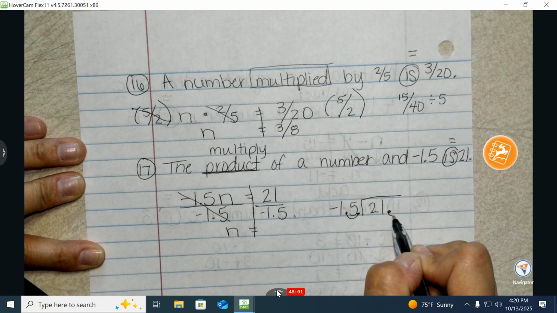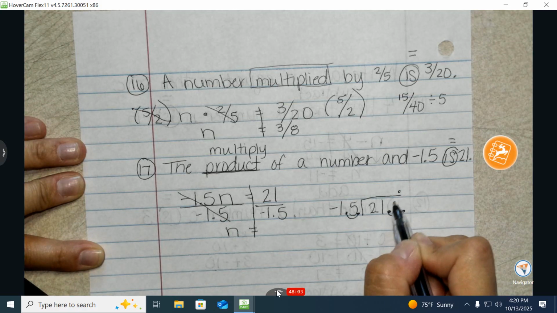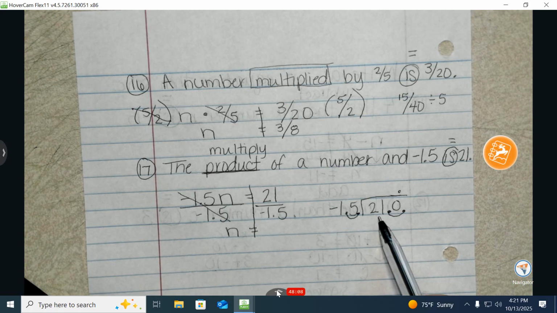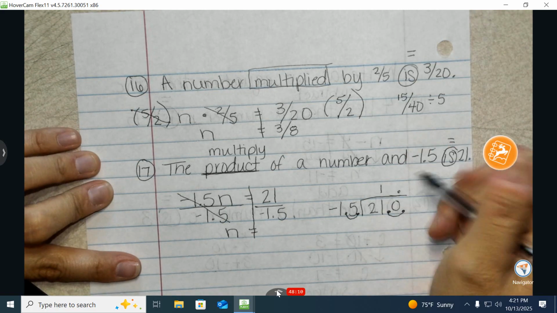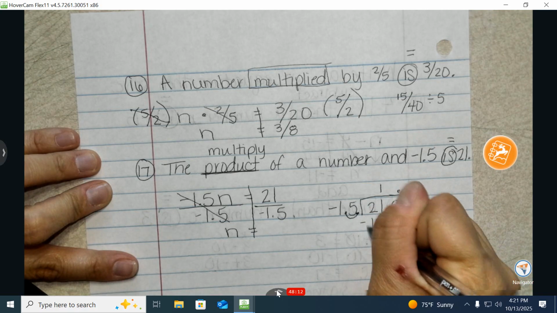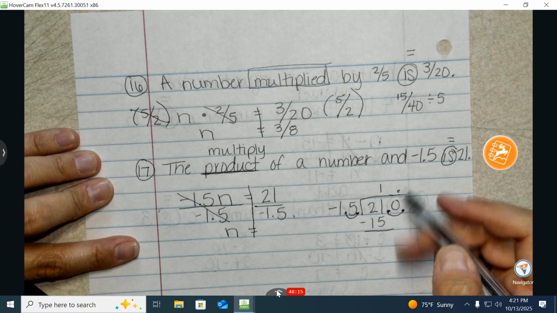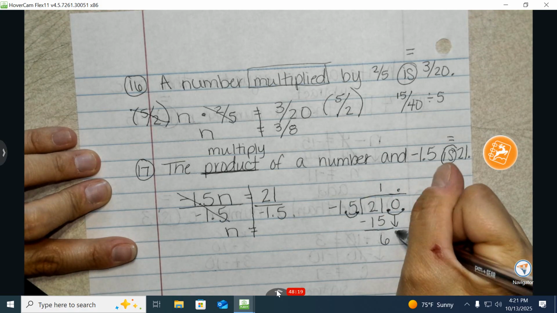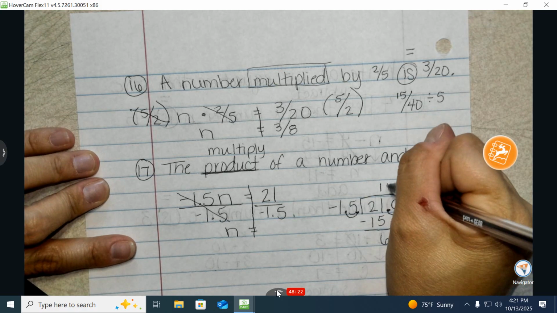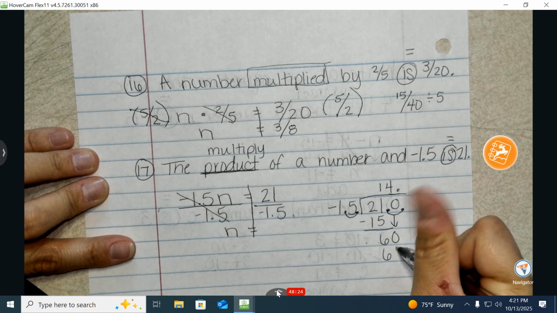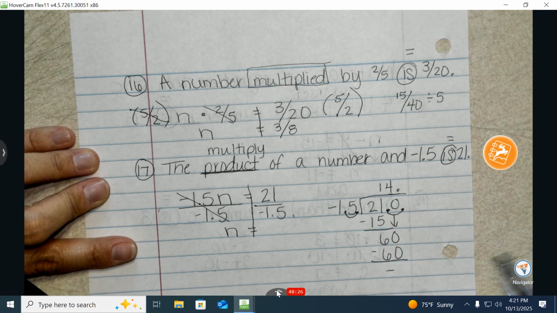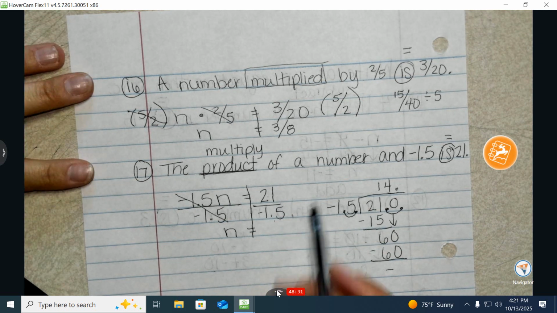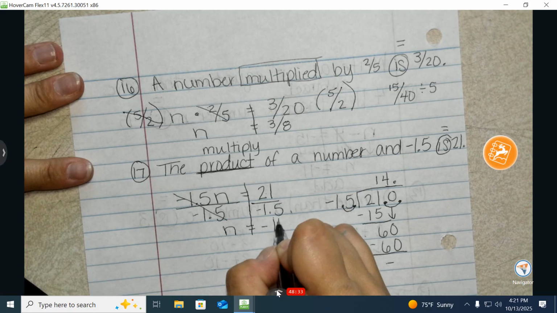Whatever you do on the outside, you have to do on the inside. 15 will go into 21 one time. When you subtract that, you get a 6. 15 won't go into 6, but it'll go into 60 4 times. 15 times 4 is 60. So n equals, it's a positive divided by a negative, so it is negative 14.